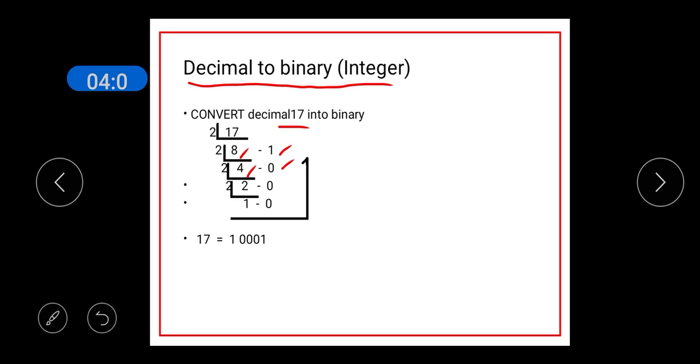Again divide 4 by 2, the quotient is 2, remainder is 0. Again divide 2 by 2, the quotient is 1 and the remainder is 0. You have to write the number from the bottom. So 17 can be written as 1, 0, 0, 0, 1. This is how a decimal number in the integer form has to be converted into a binary number.